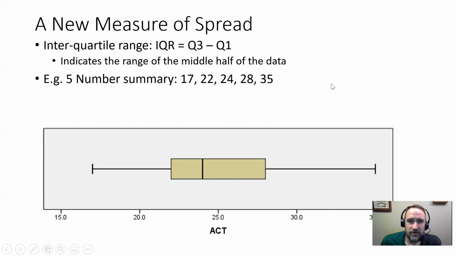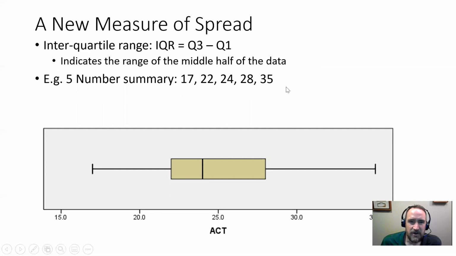We also have a new measure of spread related to box plots and quartiles. It's called the interquartile range, and we simply subtract quartile 3 minus quartile 1, and it tells us the range or the spread of the middle half of the data.